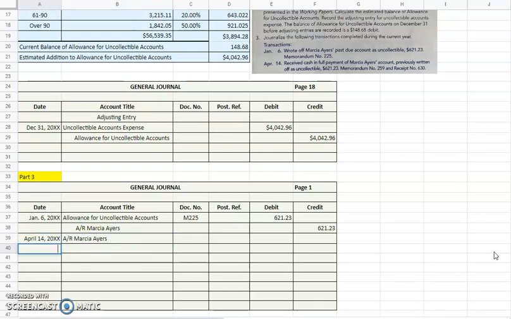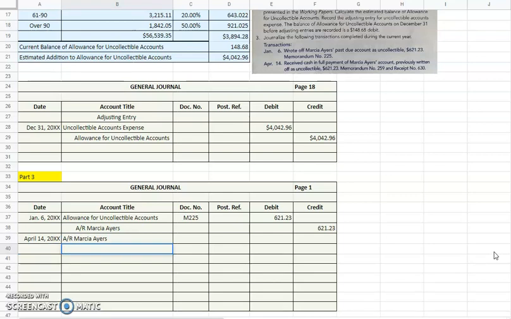We'll debit it now to reopen that. And then we will credit allowance for uncollectible accounts, which we had debited in the previous transaction. This time it's memorandum 259 and the same amount. We just reversed our original transaction to reopen the account.